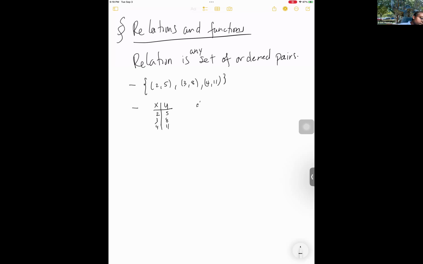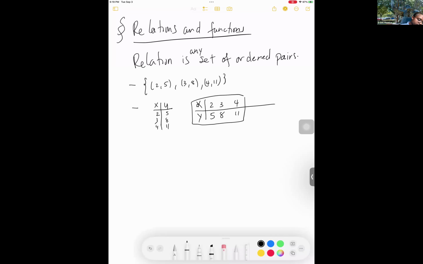Sometimes the x comma y is given horizontally because, you know, we just fancy like that. But all they're trying to simply say is that these numbers are related together, right?